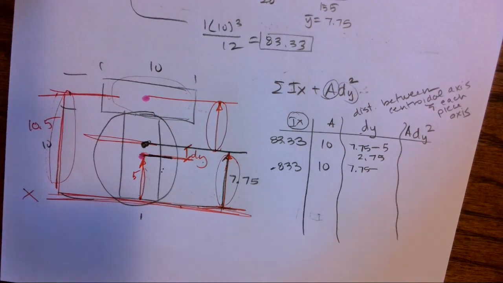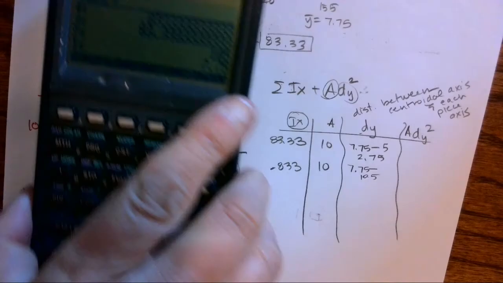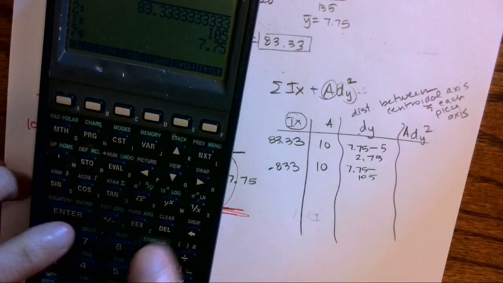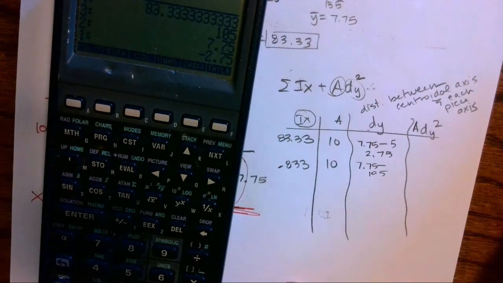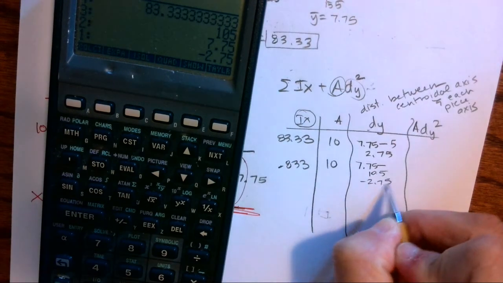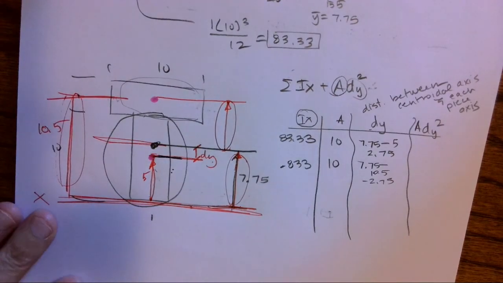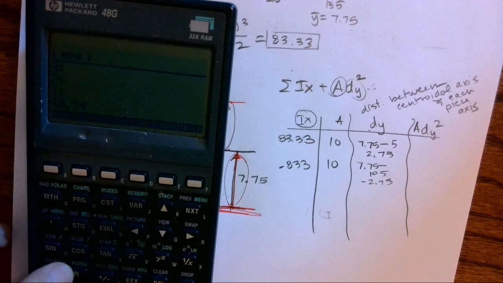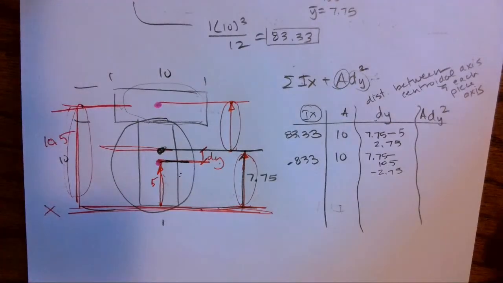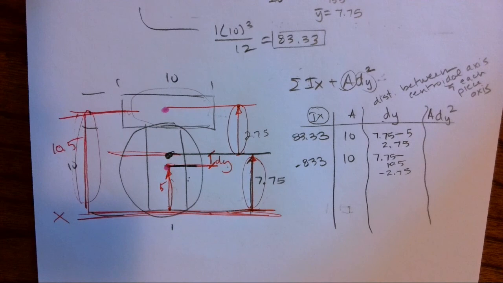And it doesn't matter if I get a negative value because we're squaring it anyways. That doesn't seem right. 10.5, 7.75 minus, nope, okay. So this is 2.75. Clearly didn't draw to scale, okay?